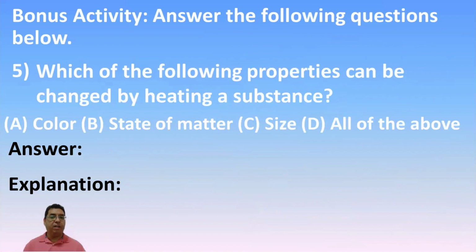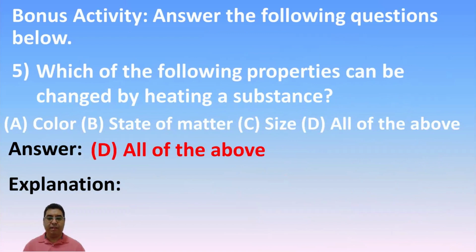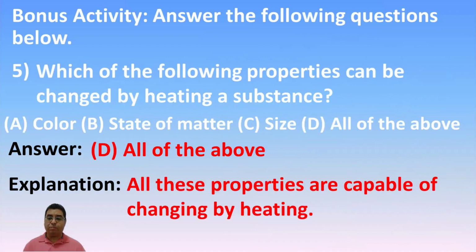Number 5, which of the following properties can be changed by heating a substance? A, color, B, state of matter, C, size, or D, all of the above? That's right, it's going to be D, all of the above, because all these properties are capable of changing by heating.